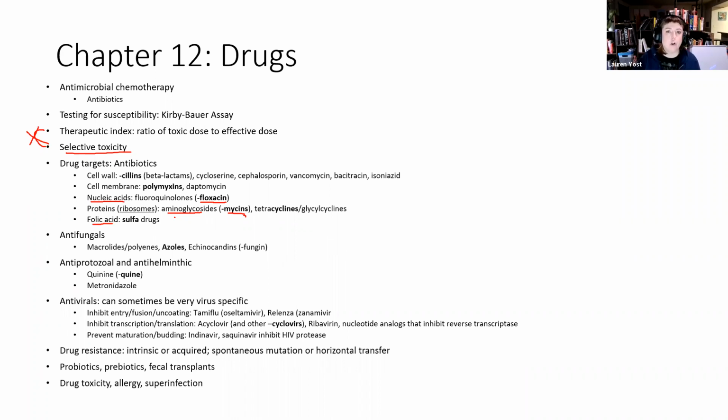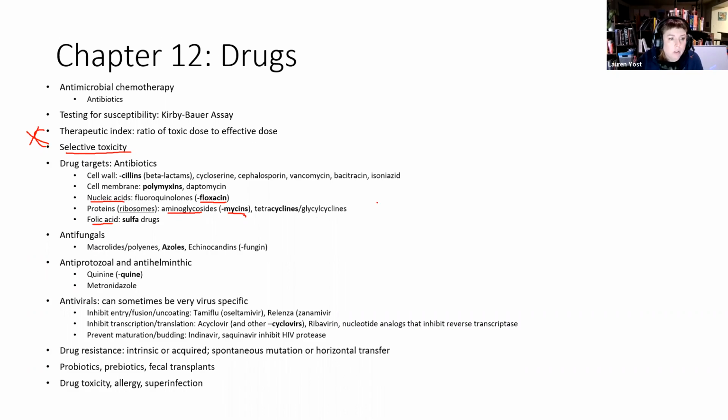So those sulfa drugs, any of them, sulfa whatevers, and trimethoprim, which is also sulfa something, they all are going to step in that folic acid pathway and block it somehow, usually as a competitive inhibitor, which means that they're going to bind at that substrate site so that the actual substrate won't be able to. And now the enzyme can't act the way that it's supposed to. So that's how that's going to go. All righty.